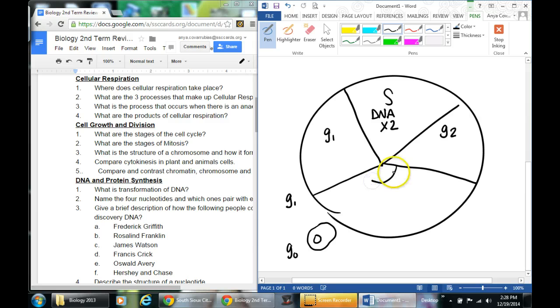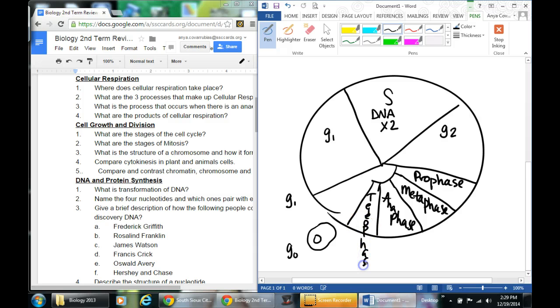And so there are 4 main stages of mitosis. We have prophase, metaphase, anaphase, and telophase. Okay, and then this last step is called cytokinesis.